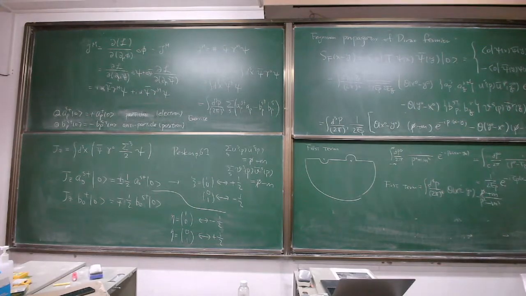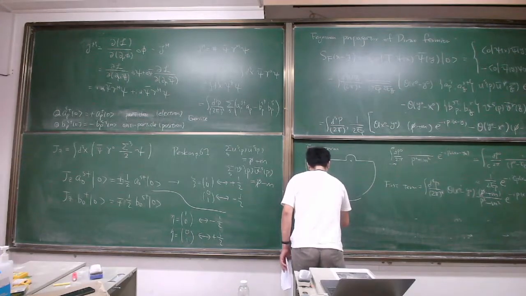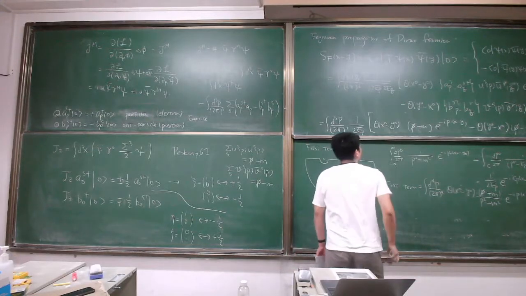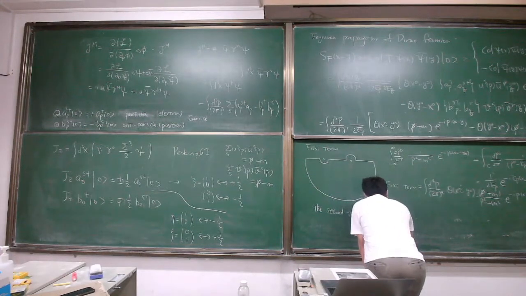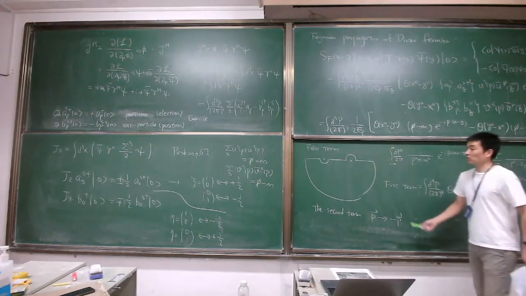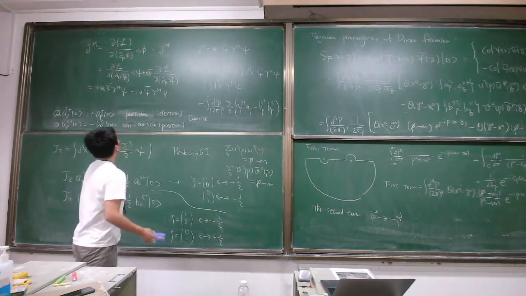And I'm not sure if I should put the i here. I think I should put the i here, and the e to the minus i p dot x minus y. That's fine. And then to bring in the second term, we need to put p again goes to minus p. The spatial one, p goes to minus p, and then let me finish the second term here.